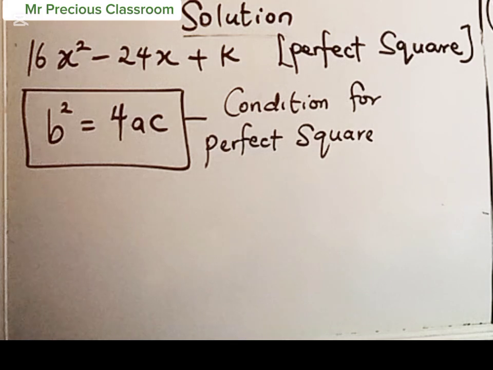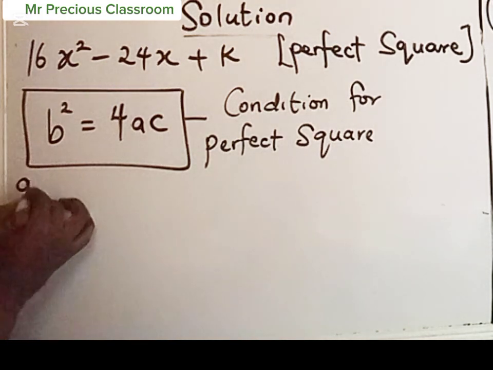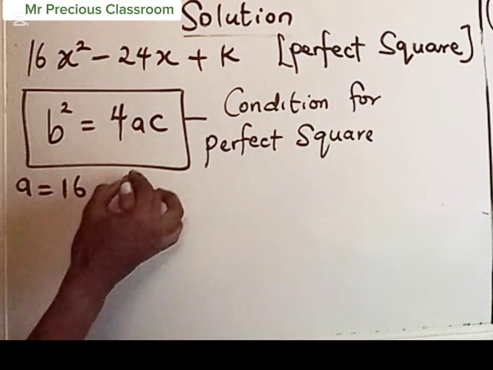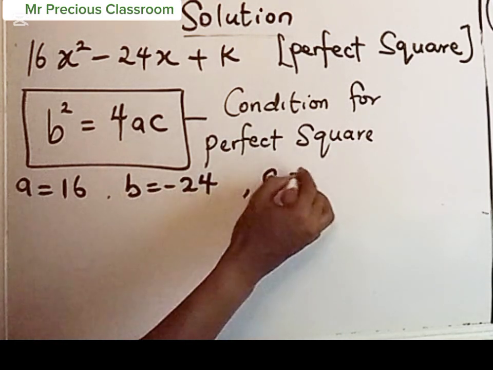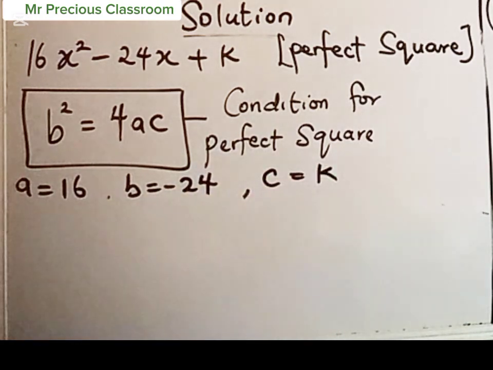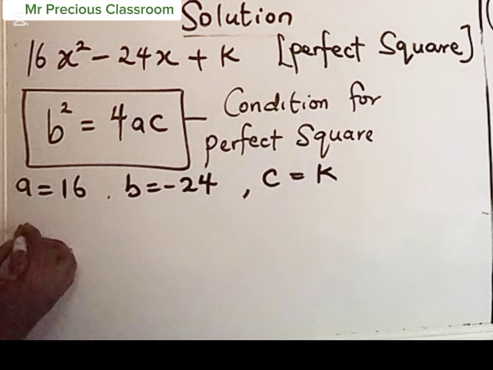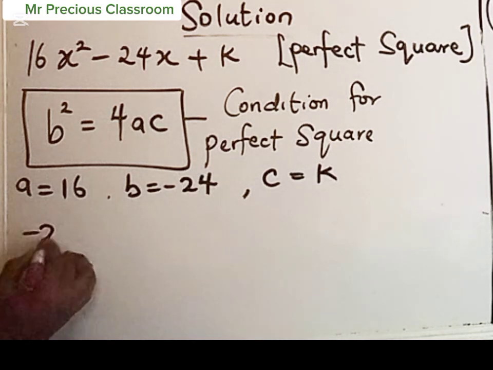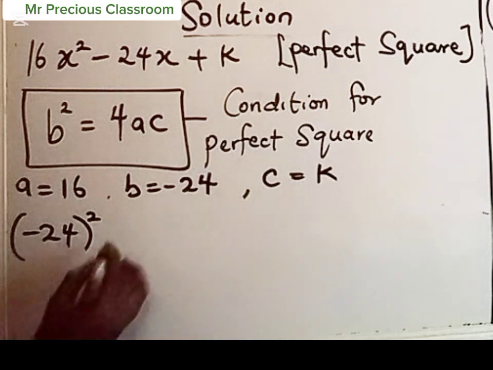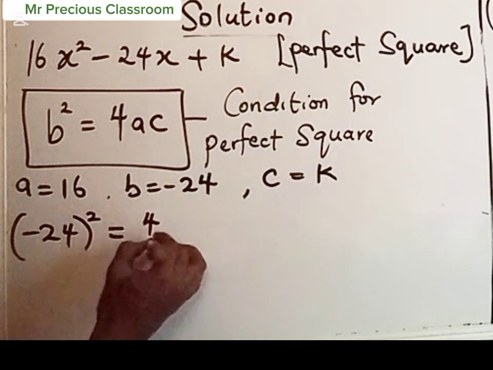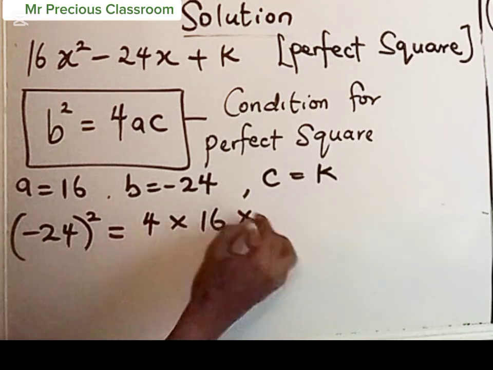So in this equation, we have that our a is 16, our b is minus 24, and our c is k. And we are looking for k. So b squared is minus 24 all squared. Since we say it is a perfect square, it should be equal to 4 times 16 times k.